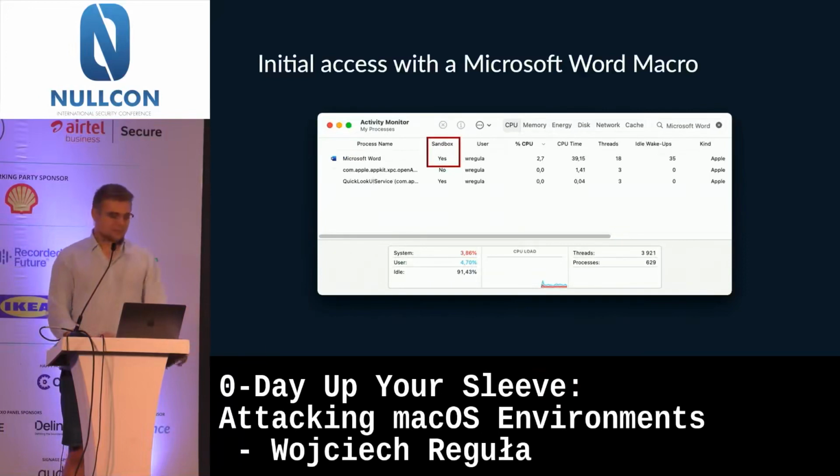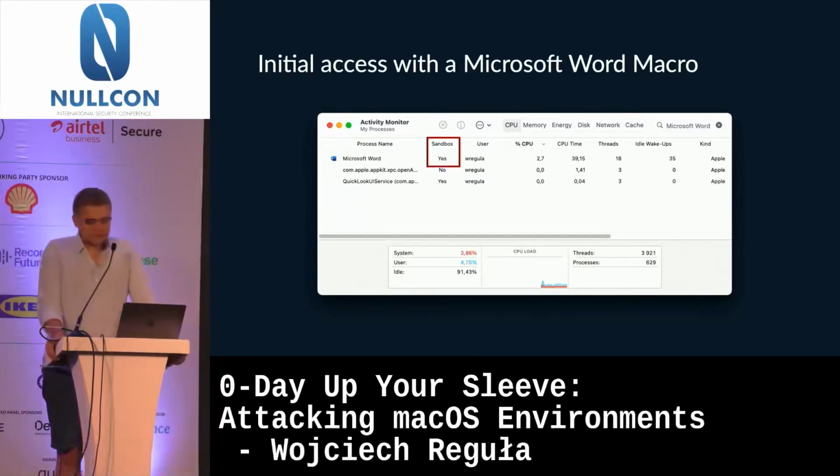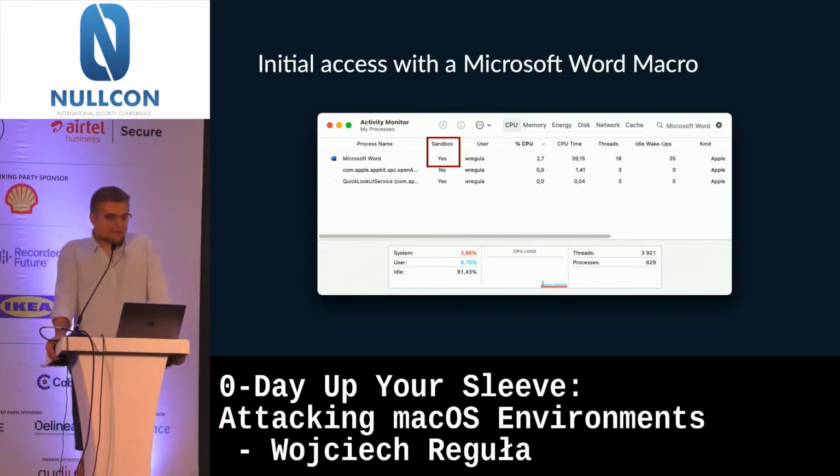All right, so let's assume that the user downloaded it and clicked enable macros. The code has been executed, but the problem is that Microsoft Word is sandboxed. So even if we use that trick with macros, our remote shell will not be that cool because it will still run in a sandbox process context.